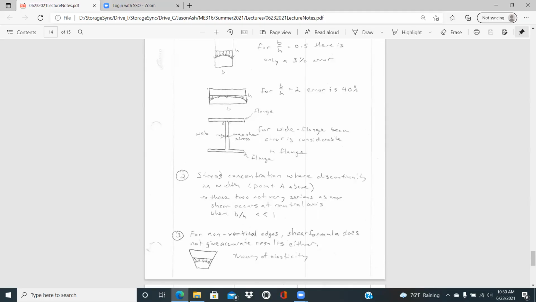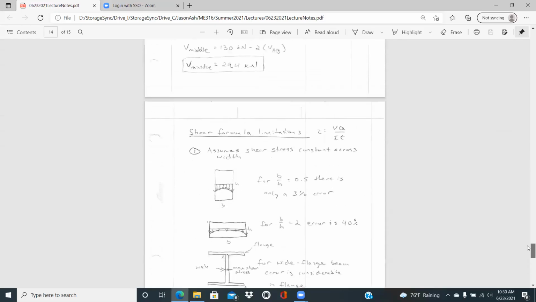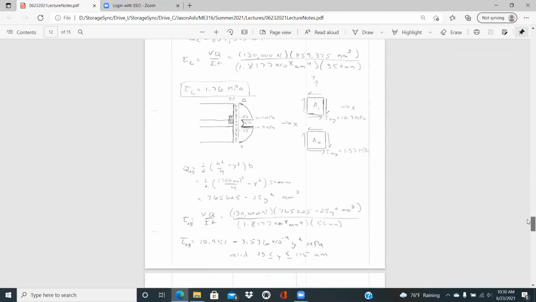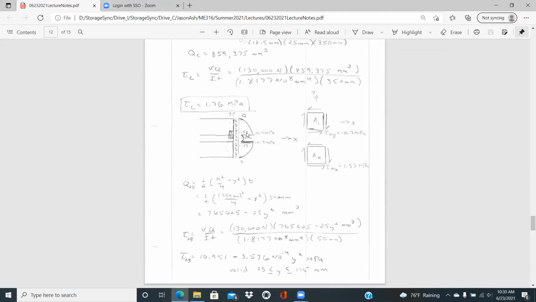We mentioned that previously on the last problem, that there's a stress concentration where there's a discontinuity in width. So that point A on the problem we just solved. If we look at that scenario, this is where the stress concentration occurs.